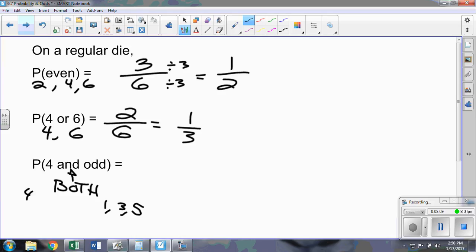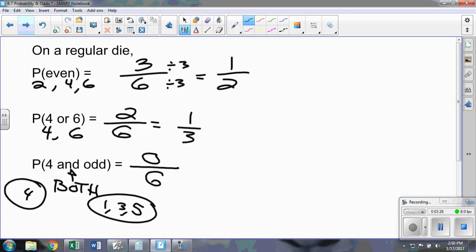Yeah, there are 4 numbers there, but none of the numbers appear on both lists. We're saying we need something to be a 4. Great, 4 works. And it also has to be an odd number at the exact same time. And there's nothing that does that. Nothing can be both a 4 and an odd at the same time.